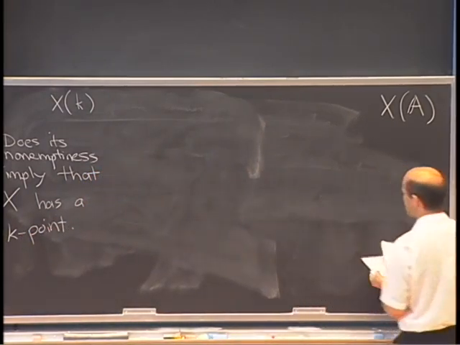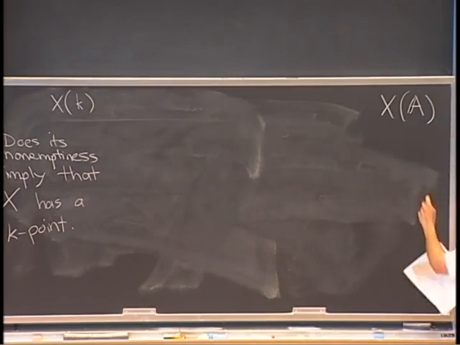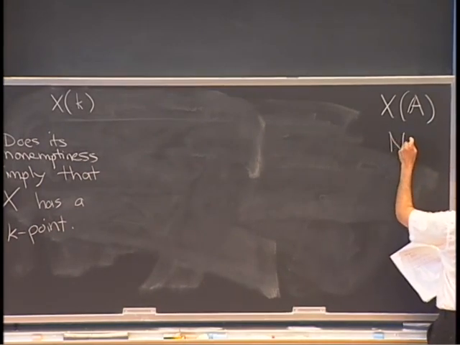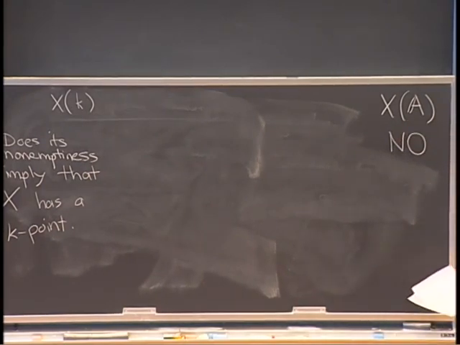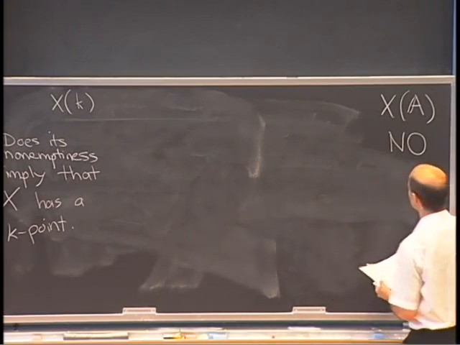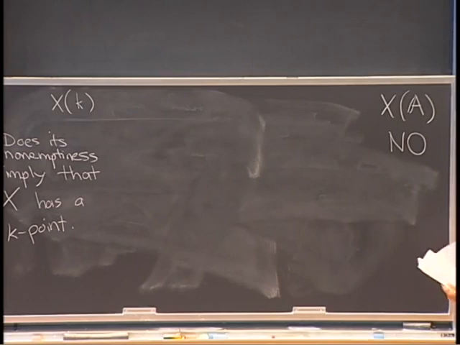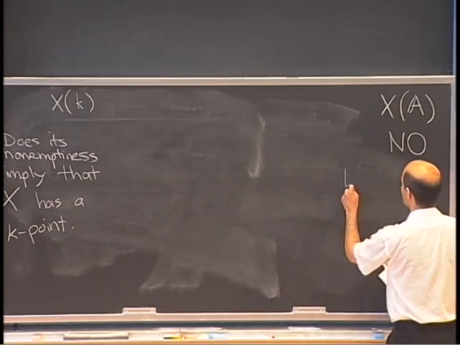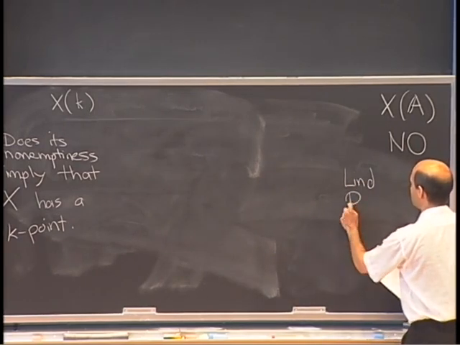And we know that the Hasse principle fails. In other words, the answer here is no: the existence of points over every completion does not imply the existence of a rational point. The first examples were genus 1 curves given in the 1940s by Lind and Reichardt.